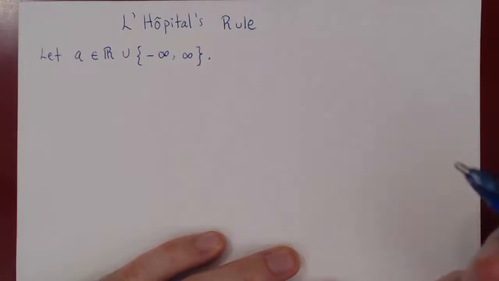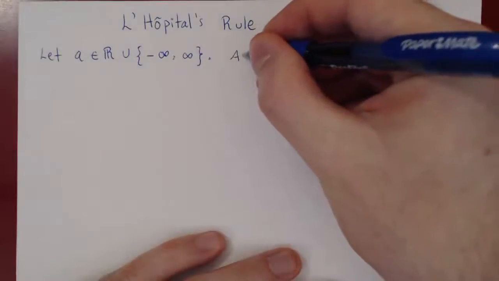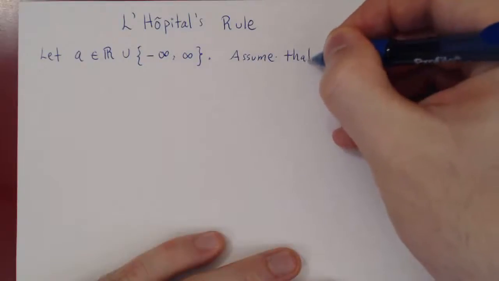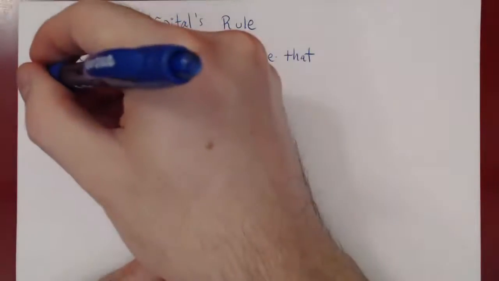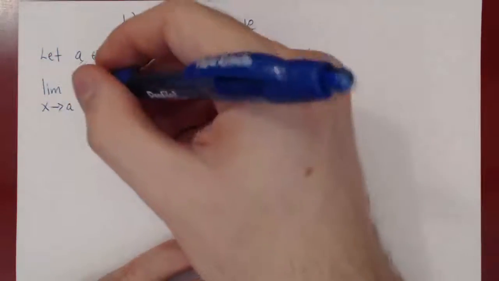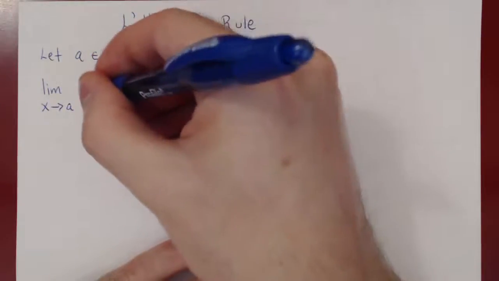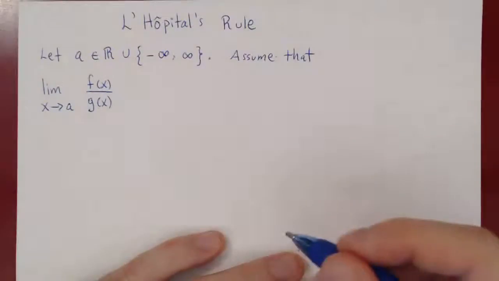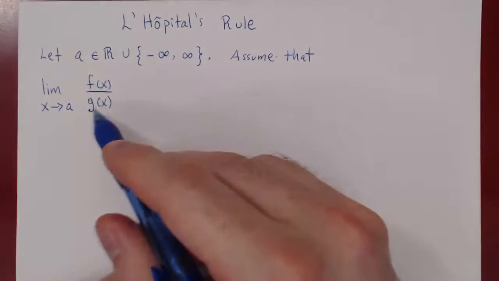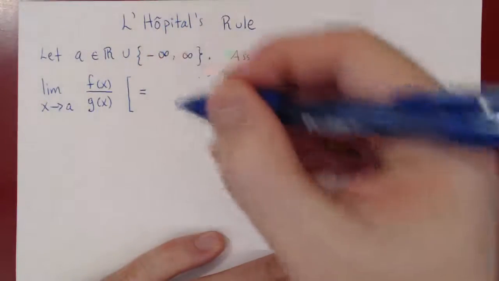And we assume that we have a limit that gives us a ratio of two functions. So assume that we consider a limit, say limit as x approaches a, and the limit will have to be of the form f of x over g of x. So it is a ratio of two functions, and we ask what happens to the ratio f of x over g of x as x approaches a. And the assumptions are the following.